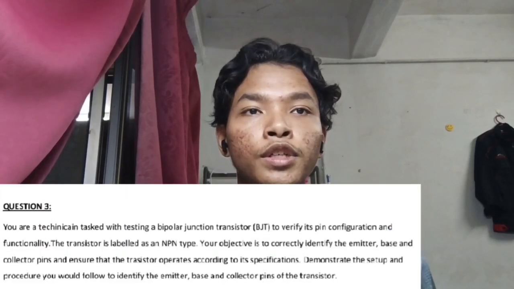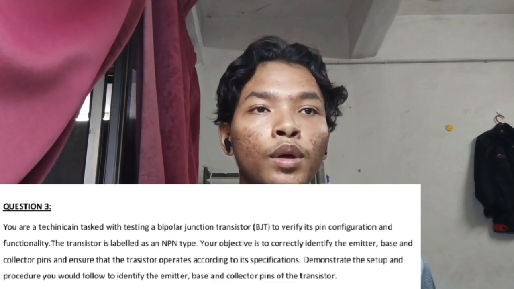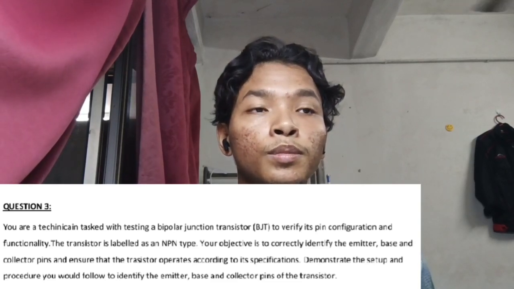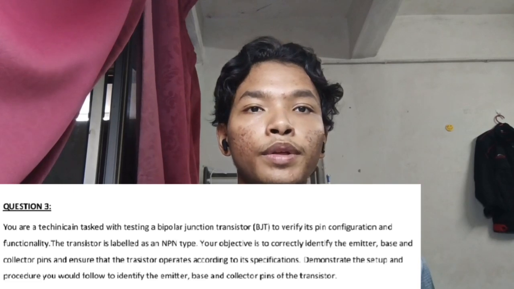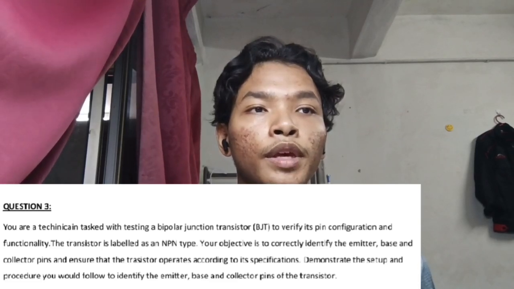You are a technician tasked with testing a bipolar junction transistor, BJT, to verify its pin configuration and functionality. The transistor is labeled as an NPN type.